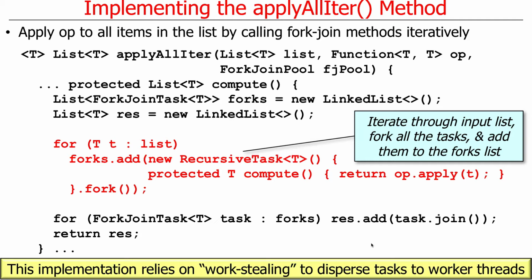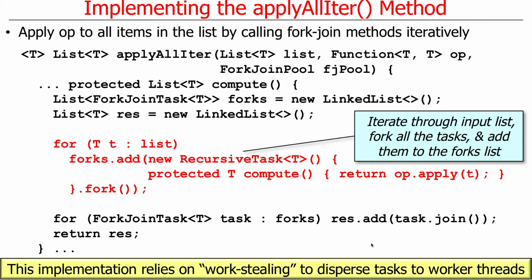But what happens here is the deck of that one worker thread now has all the ForkJoinTasks in it. And in order for this to work, all the other threads in the pool have to come along and steal the work from that one worker thread's deck. As it's going to turn out, that's going to incur a fair amount of overhead, as you might expect, because they've all got to come and steal. So keep that in mind when we talk about the other ways of doing things.